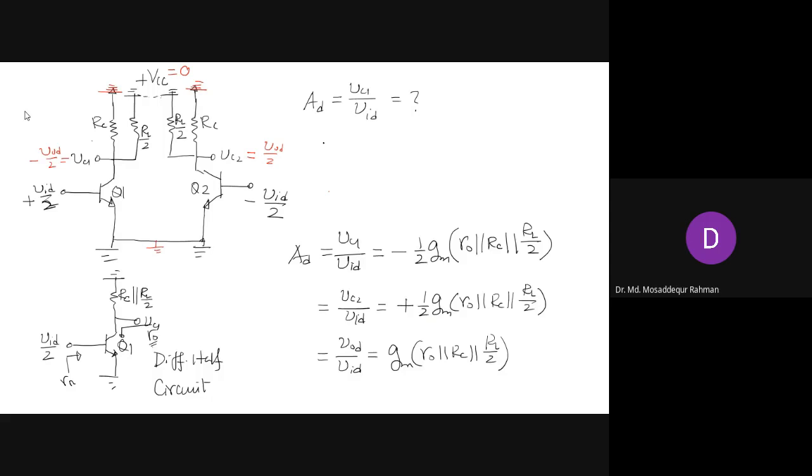No, no, no. There is no capacitor here. Their ground potential is 0 volt. That means the same as the ground, right?